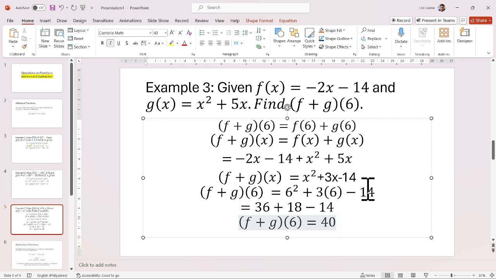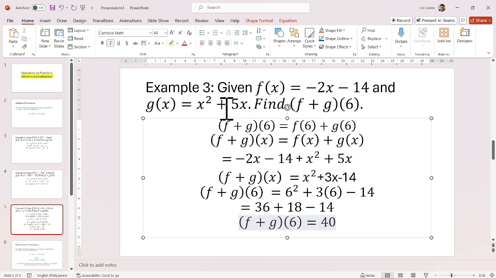So again, in this example, we are going to evaluate the sum at x equals 6. So there are two ways of doing this. We can do this by evaluating f of x first when x is 6, and then evaluating g of x when x is 6.